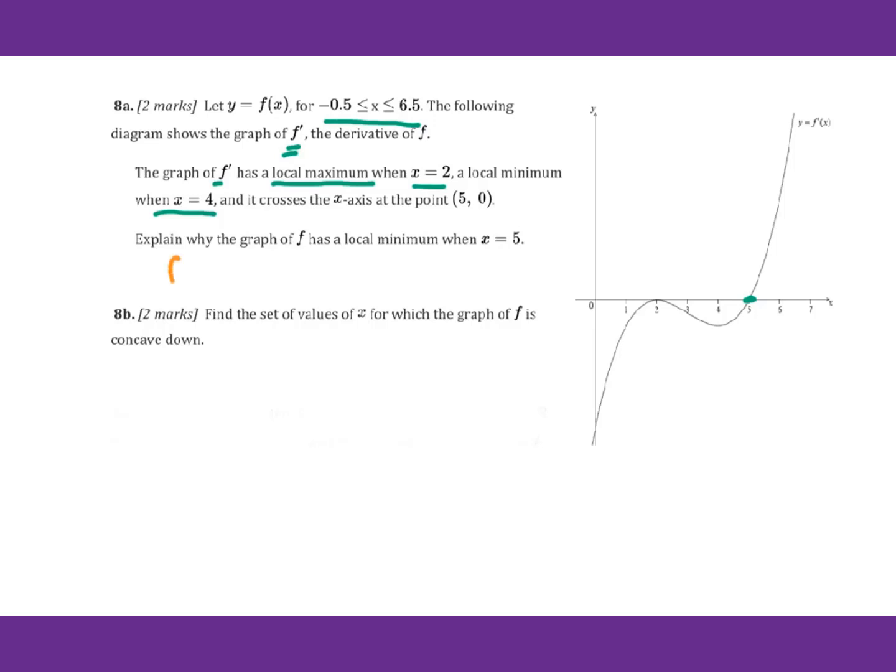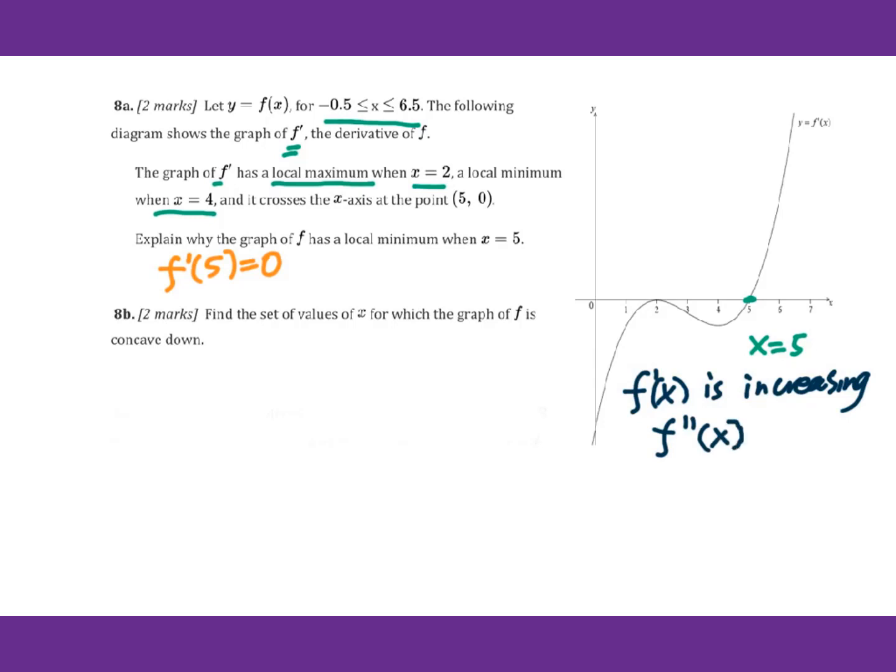First of all, according to the given information, we know f prime of 5 equals 0. Since at x equals 5, the derivative of the function is increasing, which means the second derivative is positive, so concave up like this. This point will be a minimum.